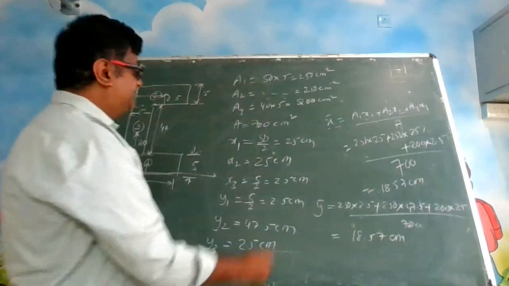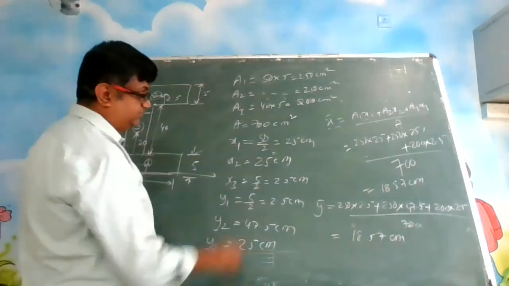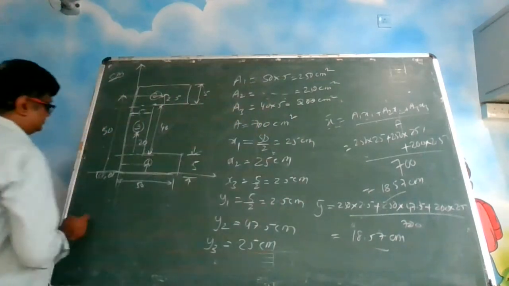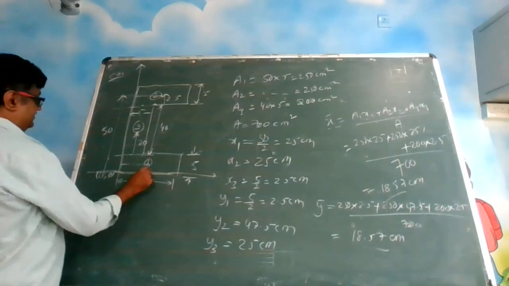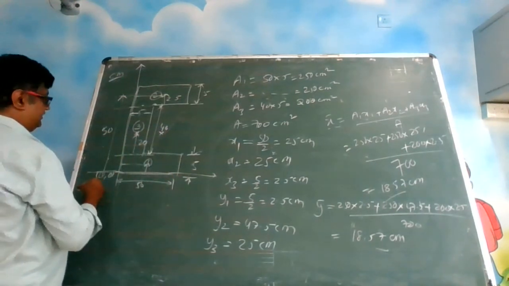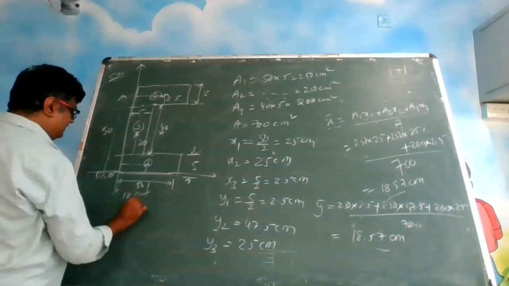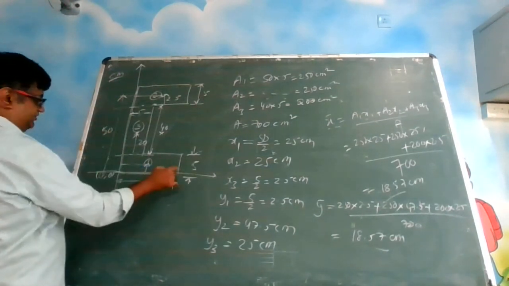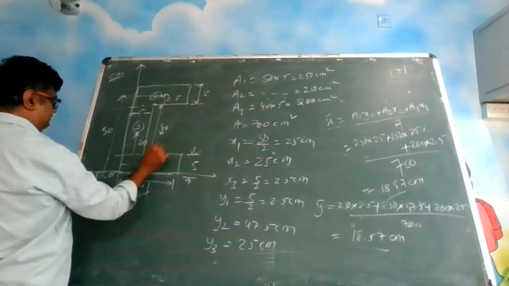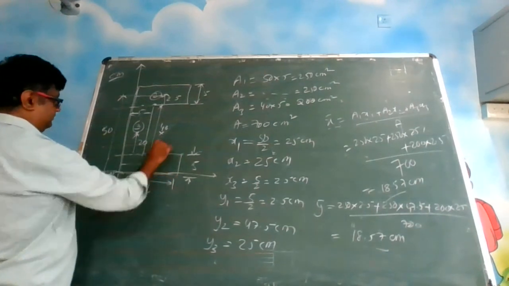You are getting the same thing because it is symmetrical. You know why you got the same values, because it is symmetrical. That's why you are getting both the same. 18.57 is where it is. This is 5 centimeters and this is 50, so it will be somewhere in the middle here, right? This is my 18.57. Vertically this is 5 and this is 40, so 45, so where will it be? A little more than 5, so it will be here.